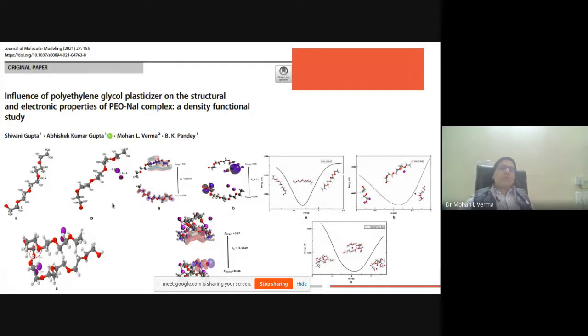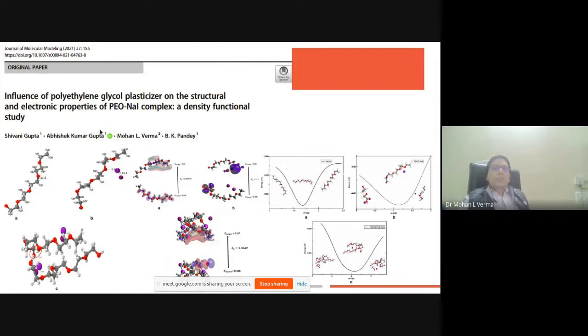For that we use some salts and insulators with the polymers to increase the conductivity. The mechanism of how the conductivity increases in the presence of the salt as well as insulating crystal particles, that theoretical part is analyzed using this tool.